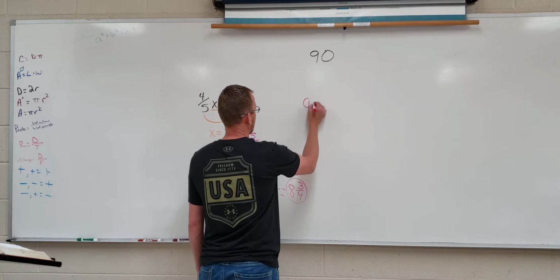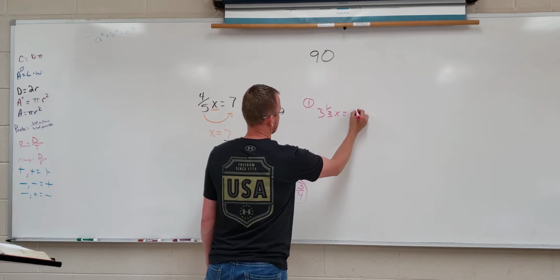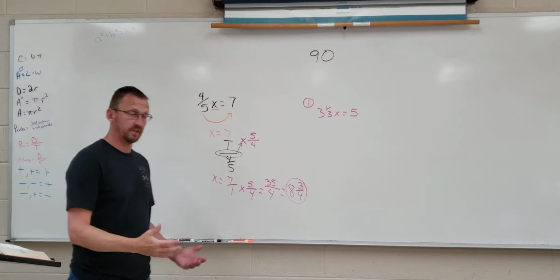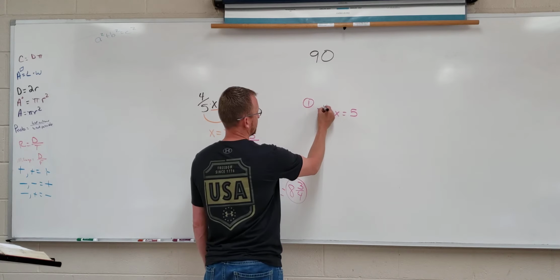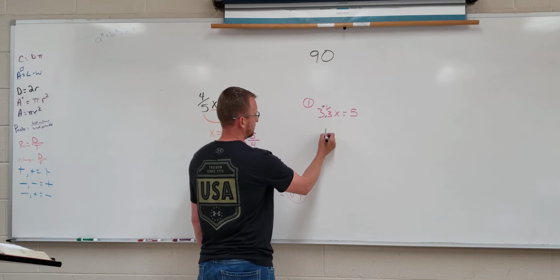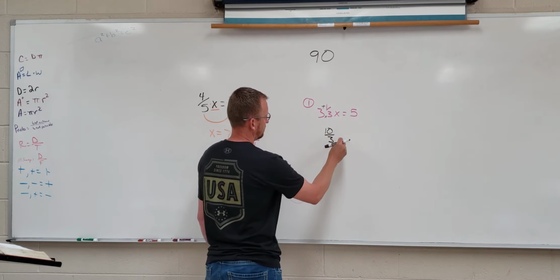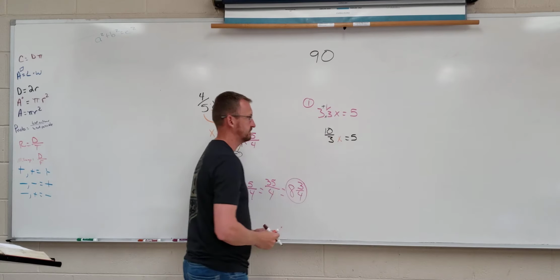So on example 1, 3 1/3 x equals 5. And again, we are solving for x. So first, convert to improper. 3 times 3 gives me 9, plus 1 gives me 10. So I have 10/3 x equals 5.